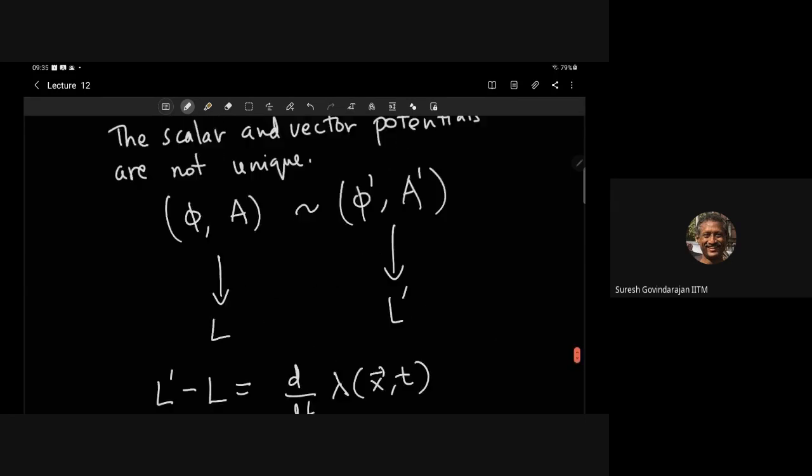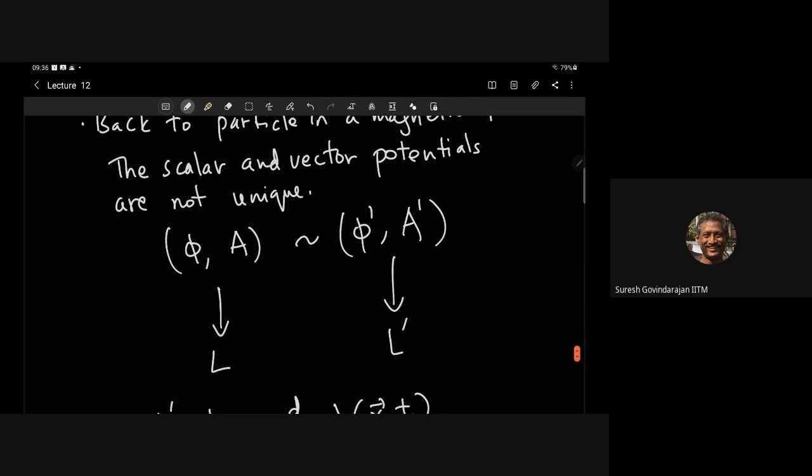Of course, we know that the Euler-Lagrange equation is completely in terms of E and B. So if phi and A, and phi prime and A prime, gave the same E and B, the Euler-Lagrange equations do not change, of course, because they give the same E and same B. And we have been told in our BSc or other electromagnetism courses that it doesn't matter. You make some choice and you proceed.